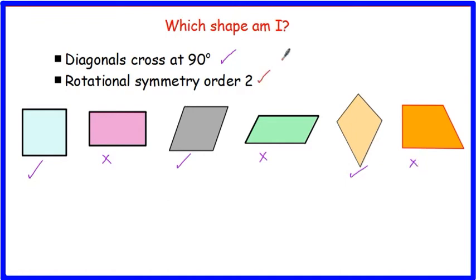Rotational symmetry order 2. That one's got order 4. That one's order 2. None. 2. None. So the only one that matches both of these is a rhombus.